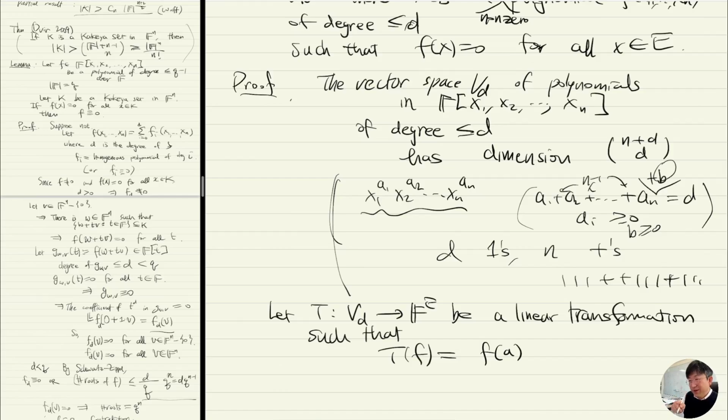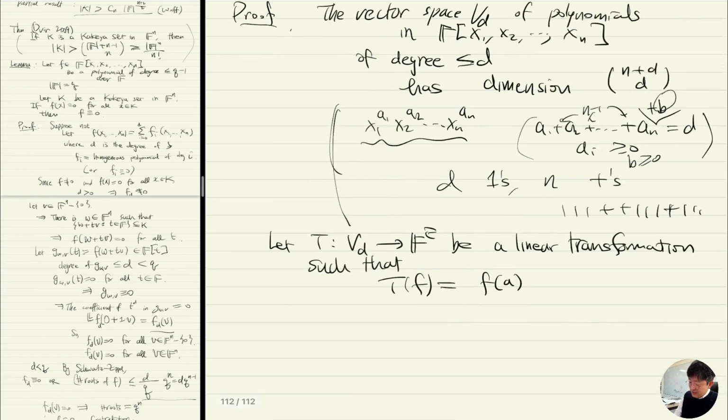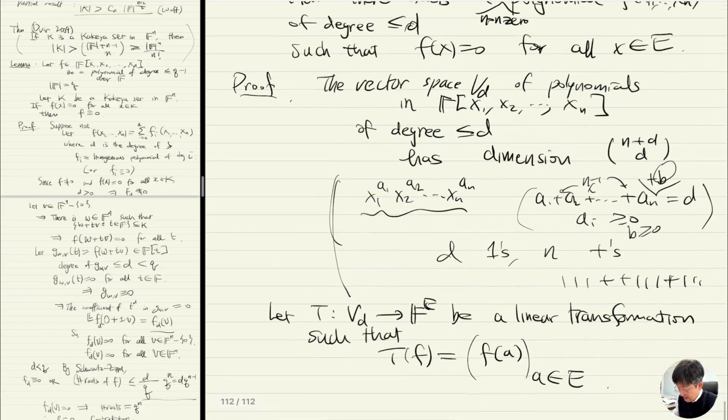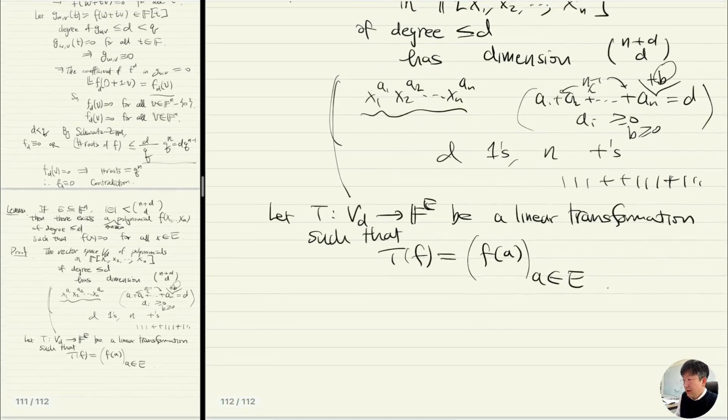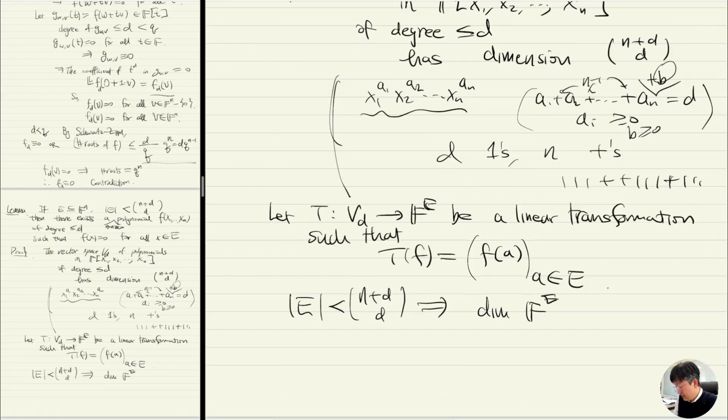So for any polynomial I give, the value is a vector, f of a indexed by elements in E, and E is my set. Remember, the size of E is less than n plus d choose d, so the dimension of F to the E is the cardinality of E, which is less than the dimension of V_d.